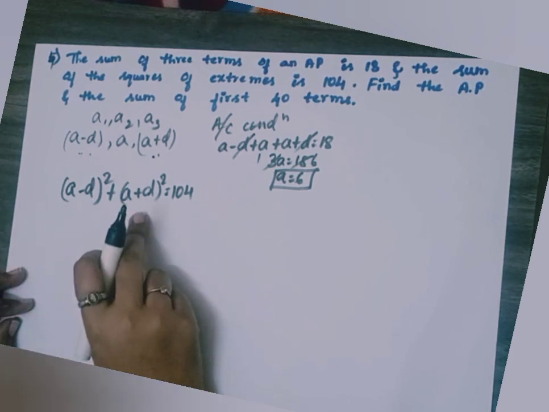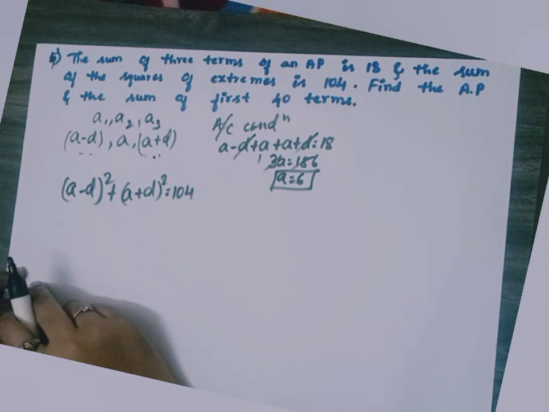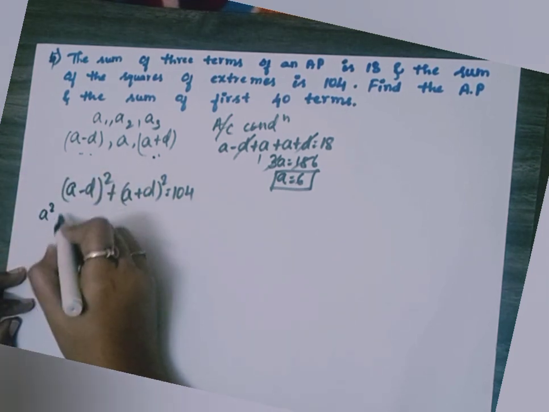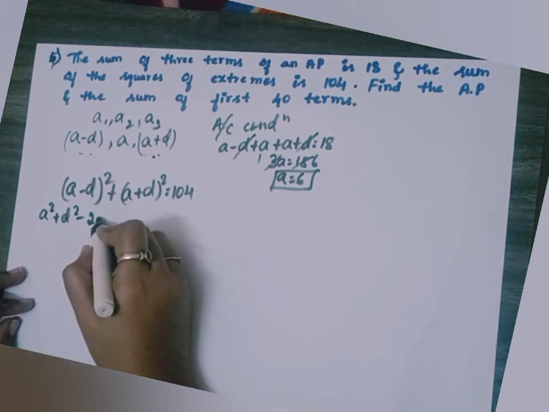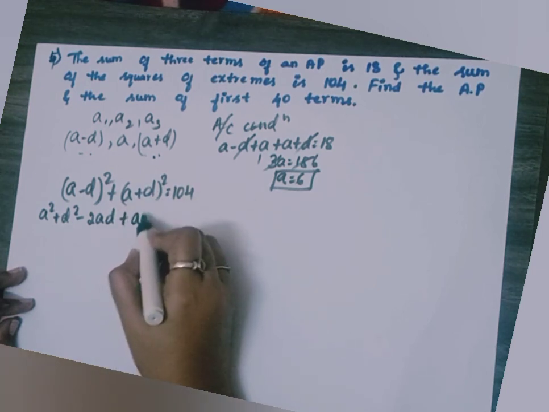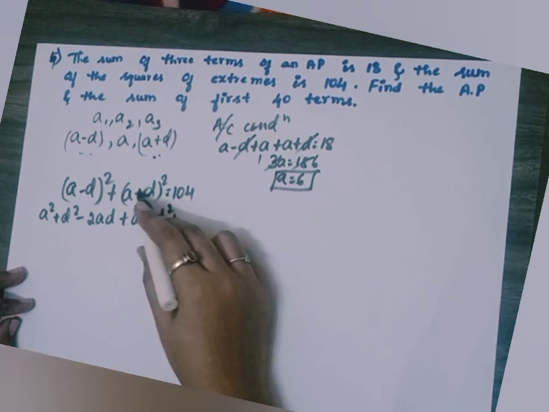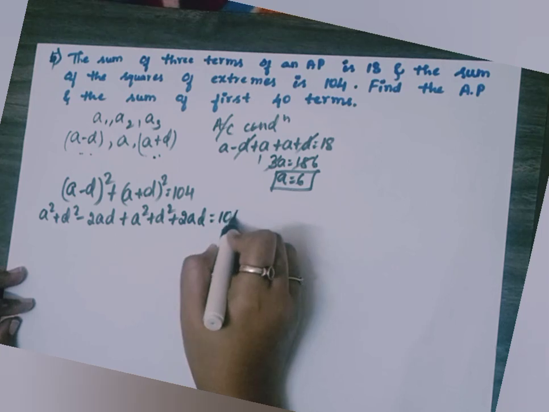This is in the form of a plus b whole square. a minus b whole square, what? a square plus b square minus 2ab. So I'll go with that only. So a square plus d square minus 2 into ad. Here also a square plus d square, but here it will come plus because a plus is there, 2ad is equal to 104.